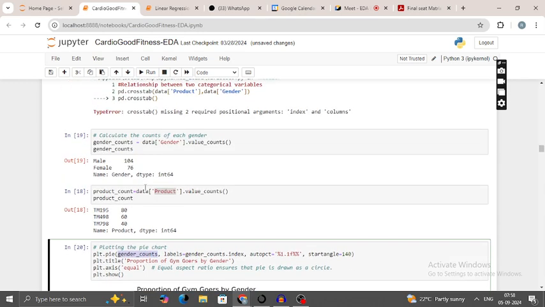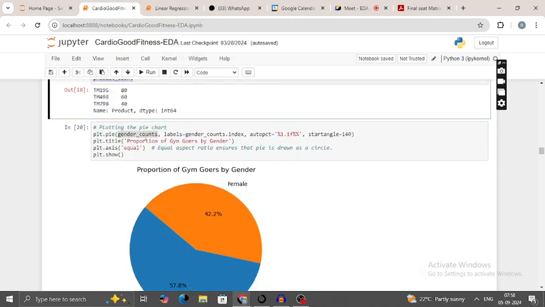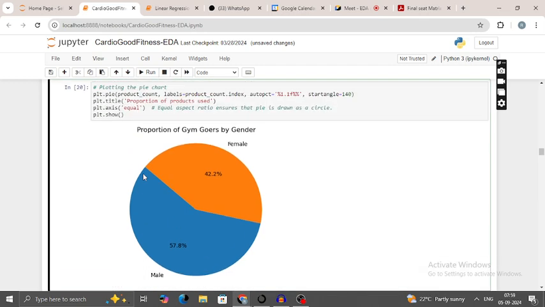So instead of gender counts, what I will do is product_count. So let us copy and put it here. Product counts, paste. Labels is equal to product_count.index. So title I want to give: proportion of gym goers by gender. So I will say proportion of products used. Okay. So similarly, so look at this.